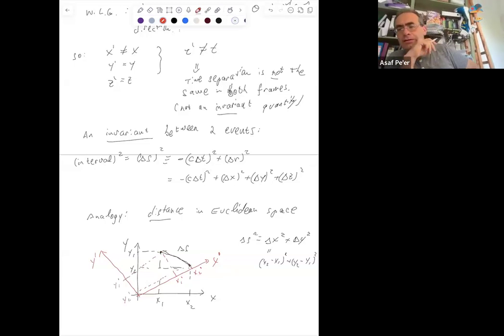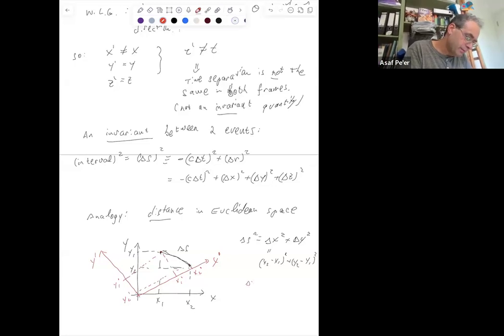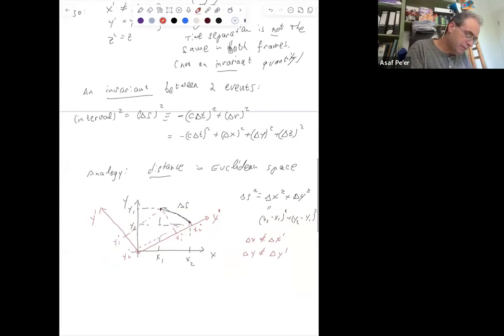Obviously delta x is not the same as delta x prime, and delta y is not the same as delta y prime, but delta x prime squared plus delta y prime squared, which is delta s prime squared, is equal to delta s squared.